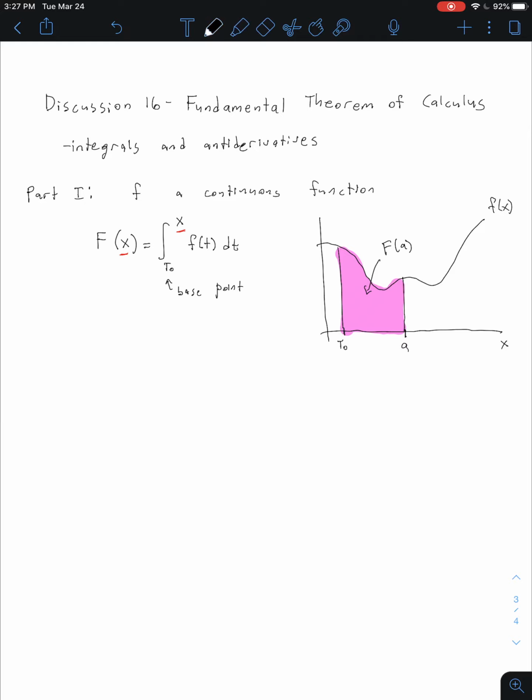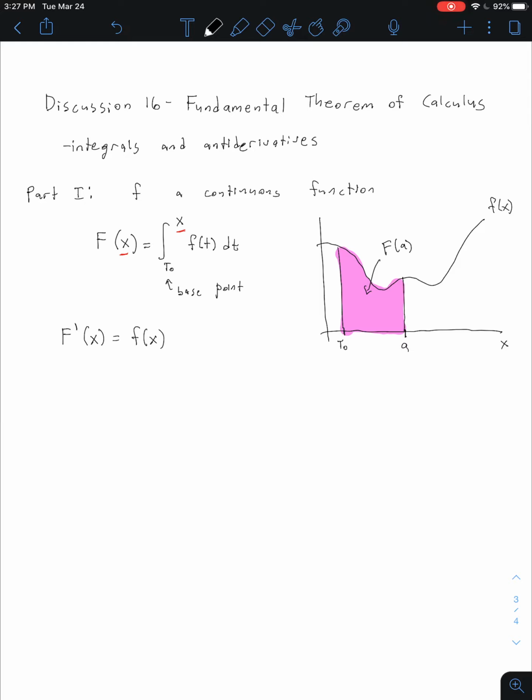And the first part of the fundamental theorem tells us that the derivative of this uppercase F, F prime of x, is equal to lowercase f of x. So what does this mean?